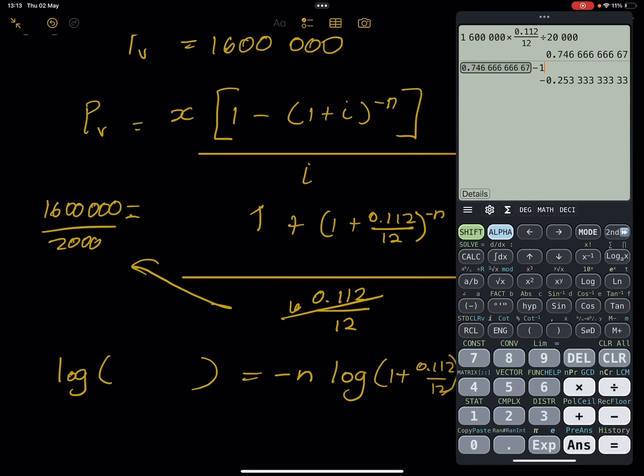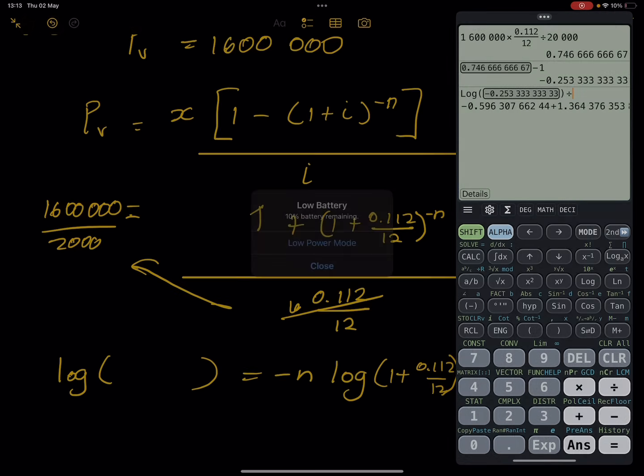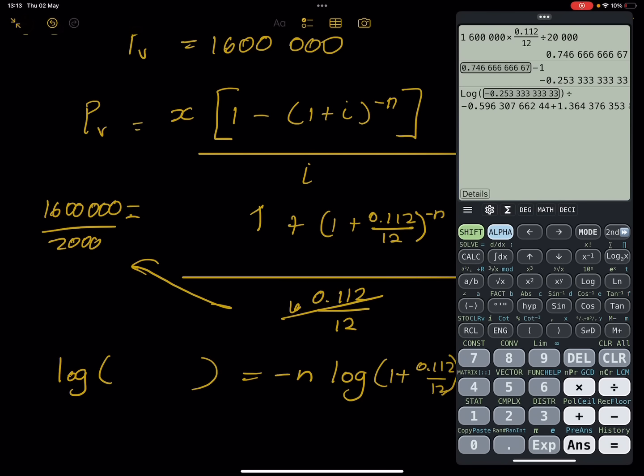So let's take that value and say, we've got the log of our answer, putting it in a bracket, divided by the log of 1 plus that fraction, 0.112 all over 12. My computer is complaining already.